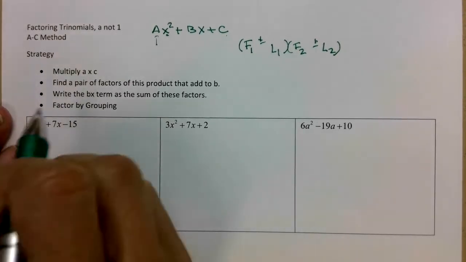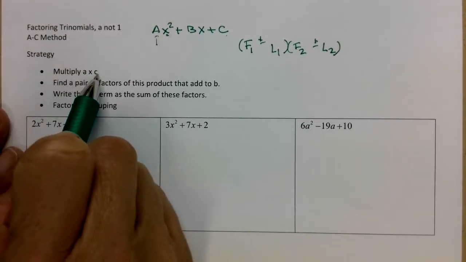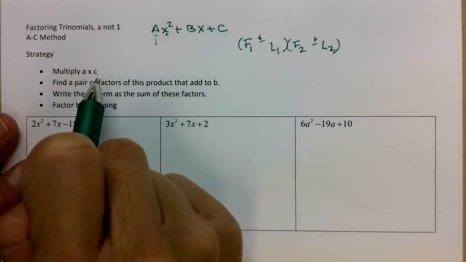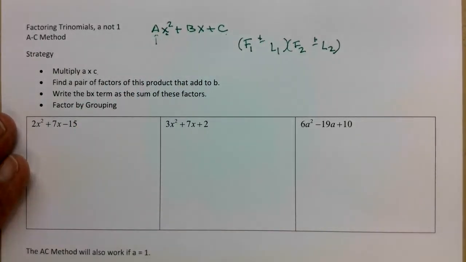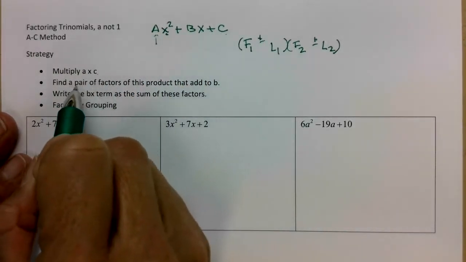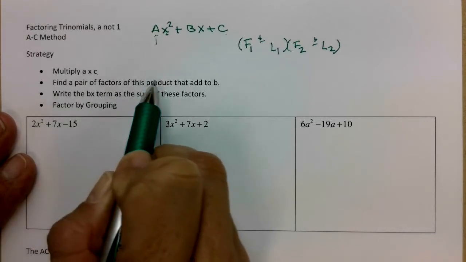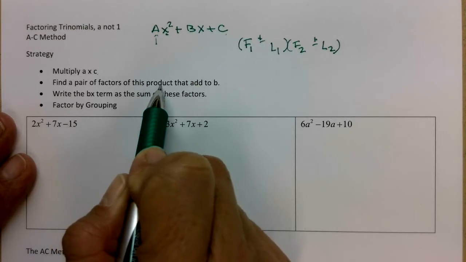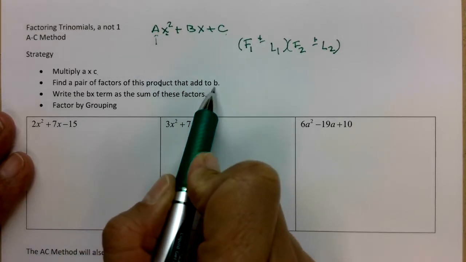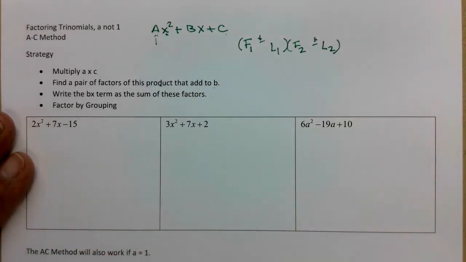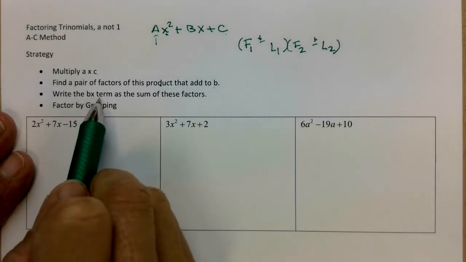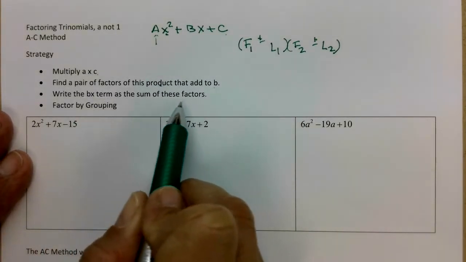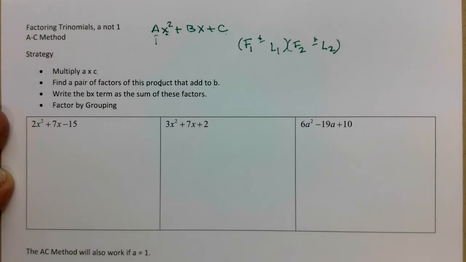So here's how we do it. We're going to multiply A times C. Again, A is your leading coefficient, C is your constant term. Then we're going to find a pair of factors for that product, A times C, and that pair of factors are going to add to B. Then we're going to write that bx term as the sum of those factors, and then we'll factor by grouping.